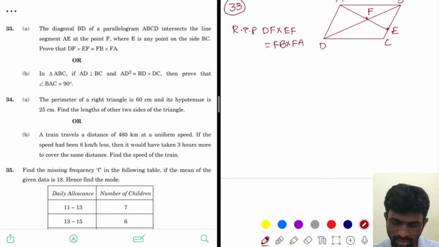So when you want to prove FB into FA is equal to DF into FE, you choose the triangles in which you have FB, FA, DF, EF. So one triangle is ADF and the other is EFB.